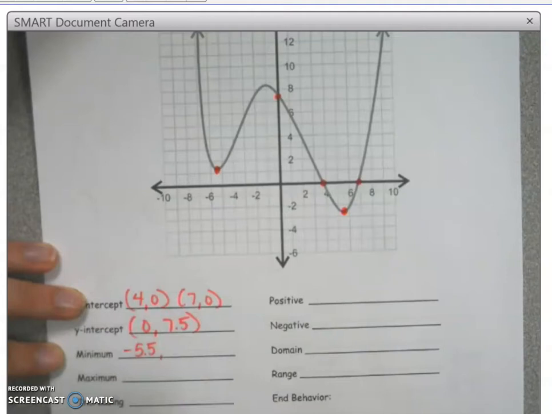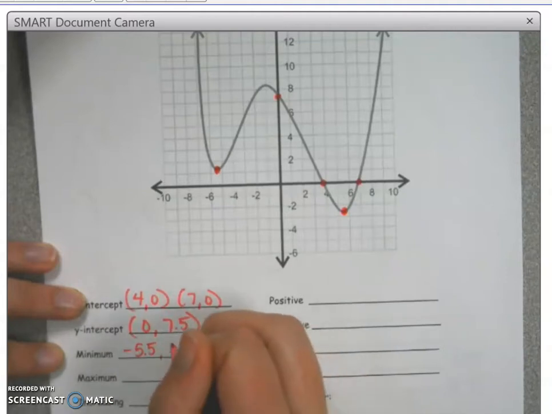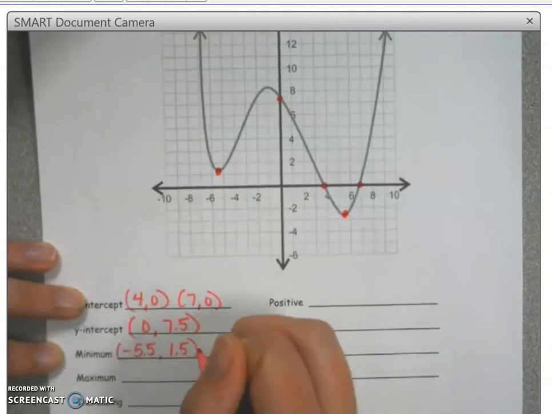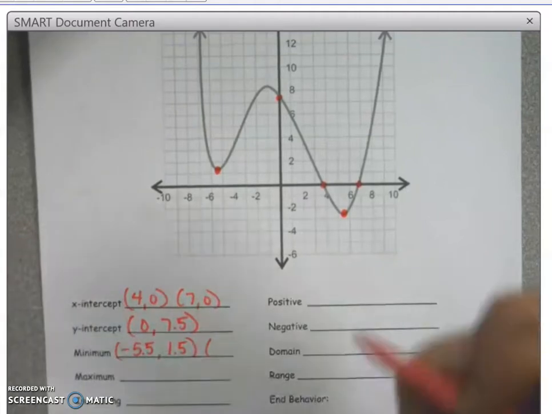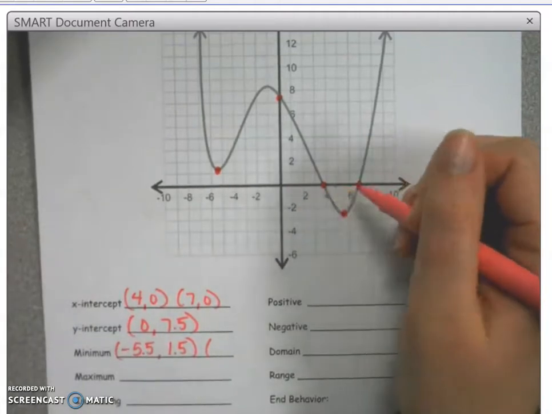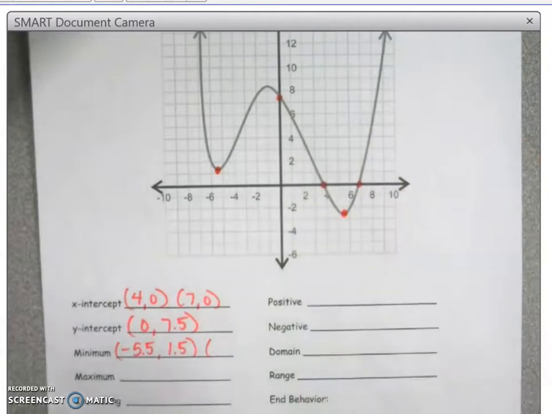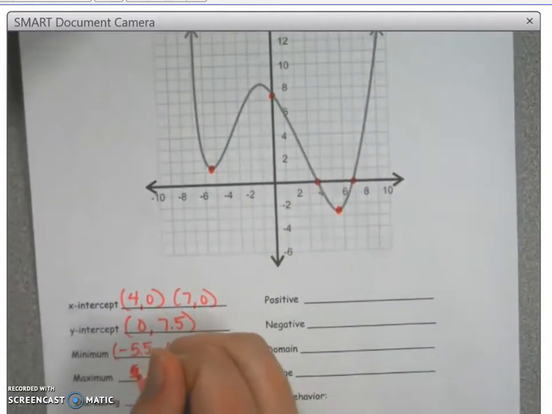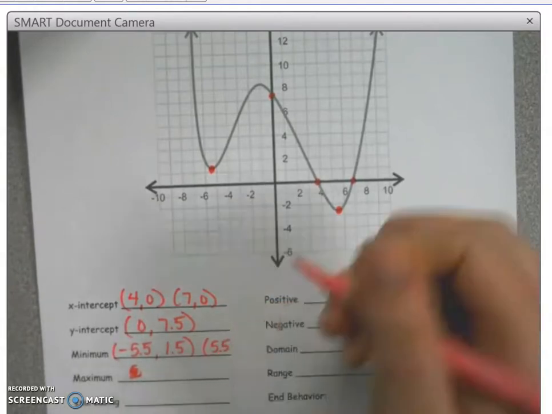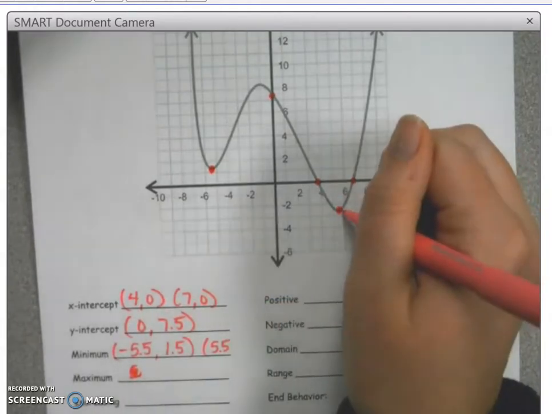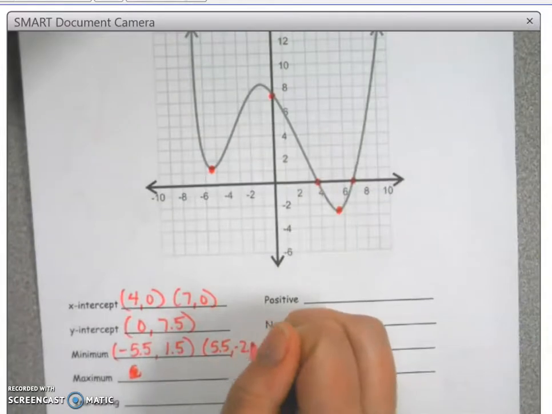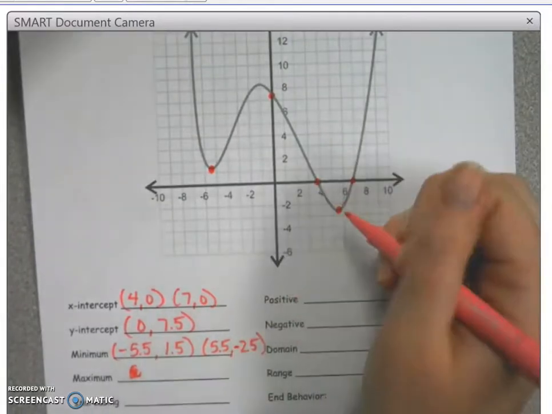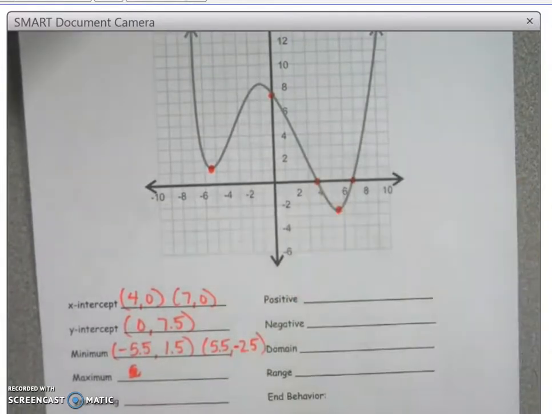Usually these come out as whole numbers, but not always. And then I have another one at 5.5 and -2.5. Like I said, these just didn't fall in pretty nice even spots, but usually they do.